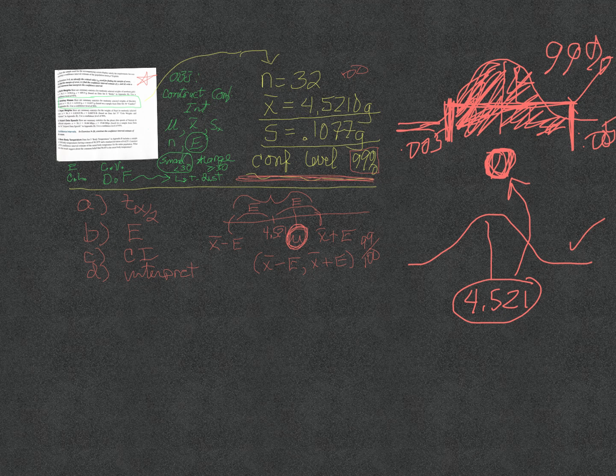So if this is 0, and this is 99% in between, if I go for the areas of 0.005, there's a T sub alpha over 2, and alpha over 2 is 0.005. So it's T sub 0.005, or if you take the 0.005 from 1, it's T sub 0.995.